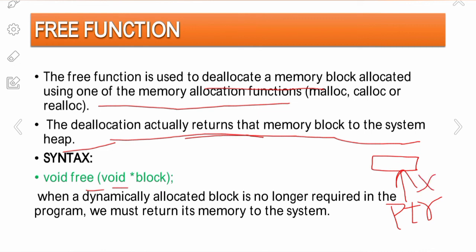Instead, we are going to clear the memory space here. We are going to release the data in the memory block, but not the pointer. So here the syntax is free of the void pointer block, but we are not going to remove the pointer; we are going to remove the data from the pointing location of the pointer.